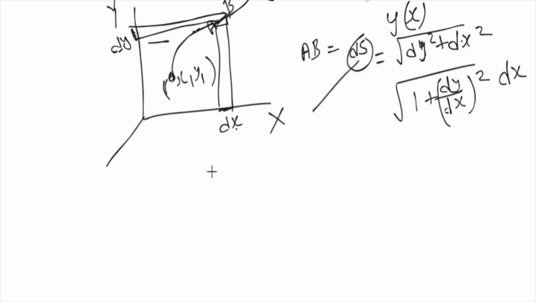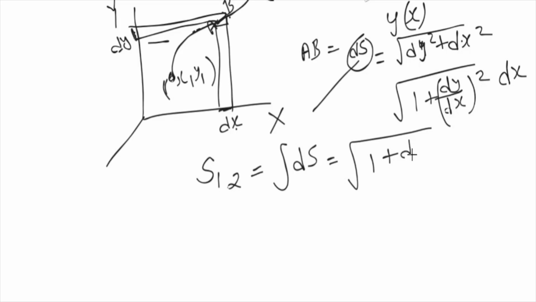So this distance can be calculated by taking the integral, and S12 is equal to the integral of ds, which is the integral of the square root of 1 plus (dy/dx) whole squared, with respect to dx.